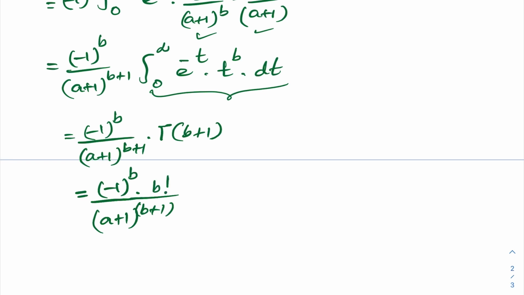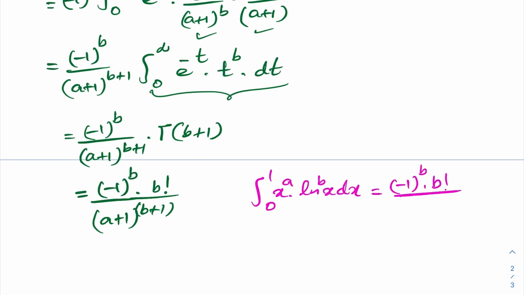Okay, then we evaluate the integral: integral from 0 to 1 of x to the a times natural log raised to the b power of x dx is equal to minus 1 to the b power times b factorial over a plus 1 raised to the b plus 1.